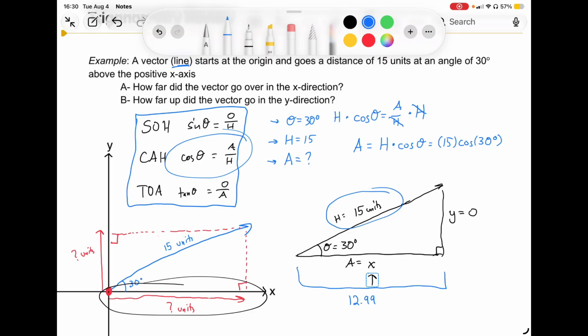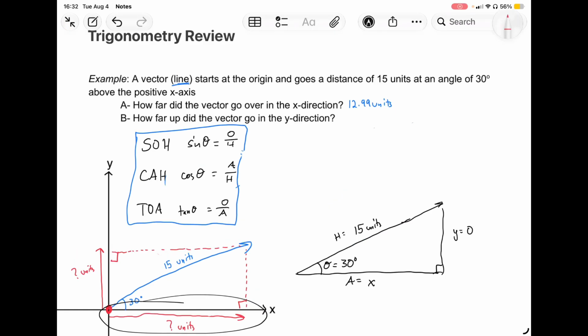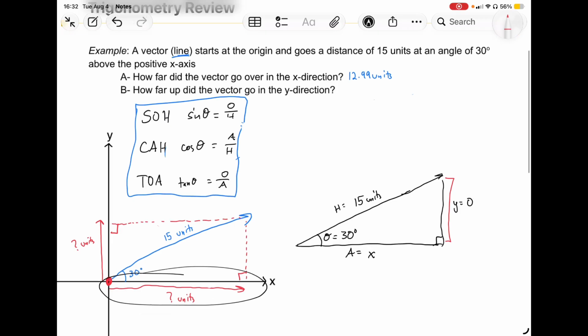So now let's next work on our y side, because we know how far the vector went over in the x direction. It went 12.99 units. Okay, so next let's find the length of our y side of our triangle, because that's how far up our triangle went in the y direction, right?